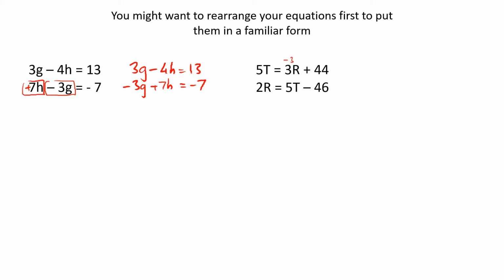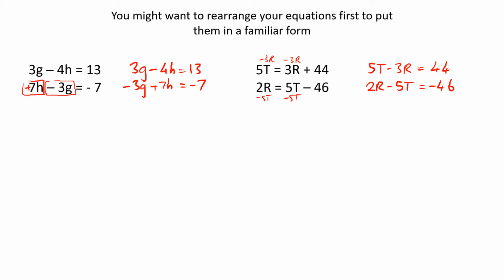So what we're going to do is we're going to take away 3r on this first one, and that's going to give us 5t minus 3r equals 44. And we're going to take away 5t on this second one, and that's going to give us 2r minus 5t is minus 46. And then we might look at that and think, well, I can still make that a bit simpler as well.